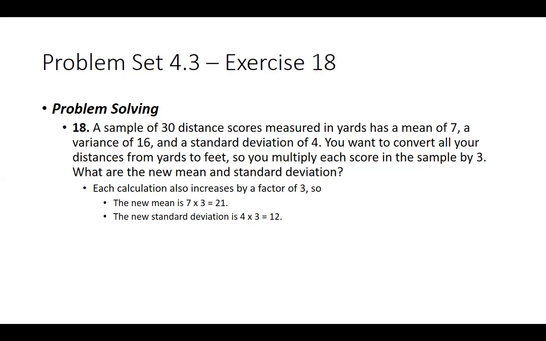The mean also got multiplied by 3. Our original was 7. Our new was 21. And if the means are the same, or I should say, if our mean is multiplied by 3, the rest of the calculation is the same for standard deviation.